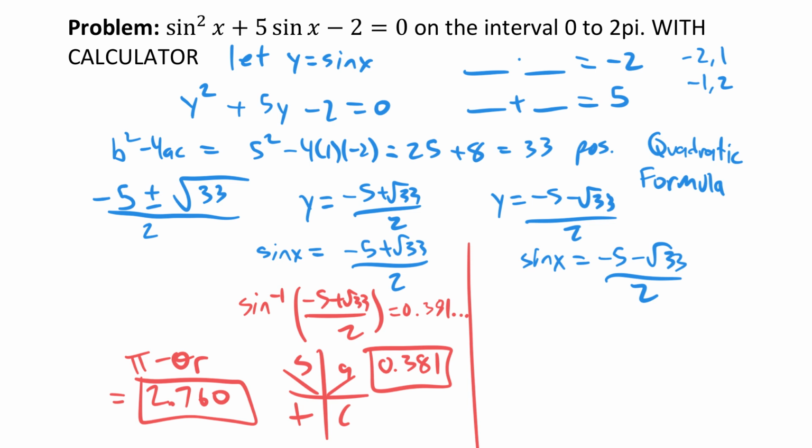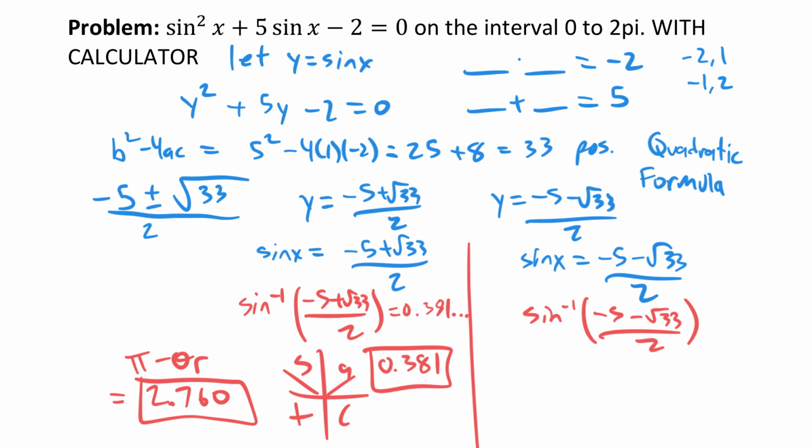All right, on to the other one. We have to do sine inverse of this mess. Now, when you go ahead and type that in, let's see what we get. Well, we could check if it's even negative, because we do like to drop the negative. So if we type it in without the sine inverse and do it as a decimal, it gives us negative 5.372. Well, I mean, we could drop the negative, but really, we should see that there's a problem already.